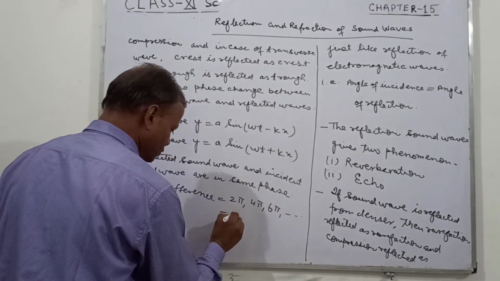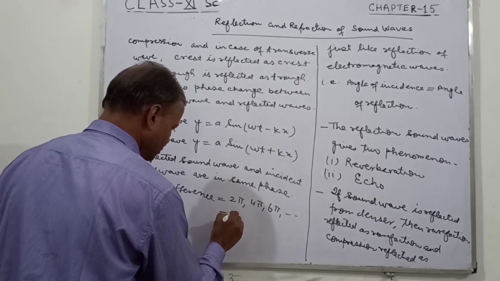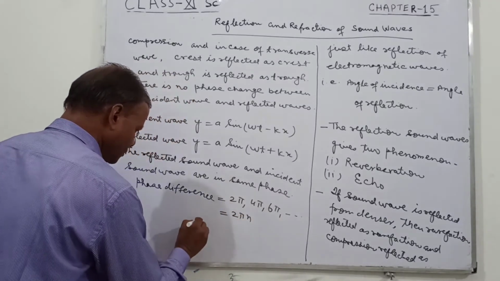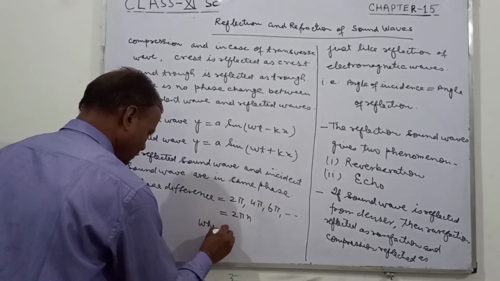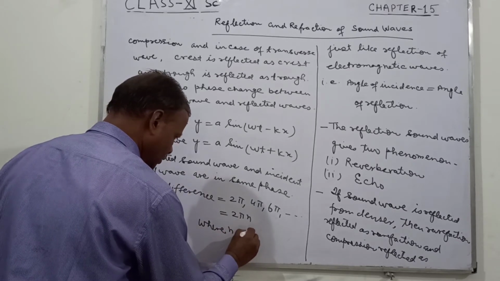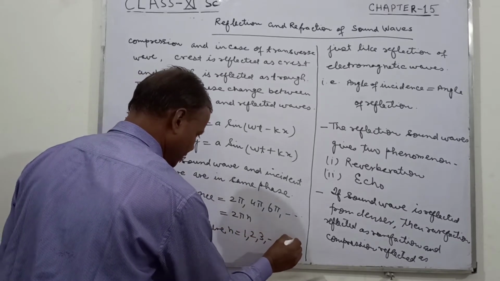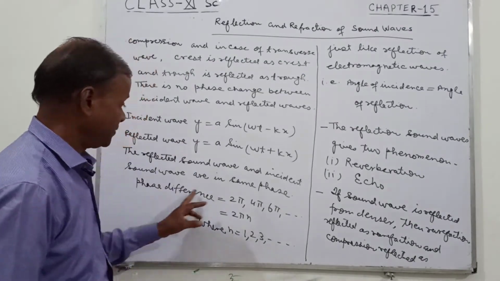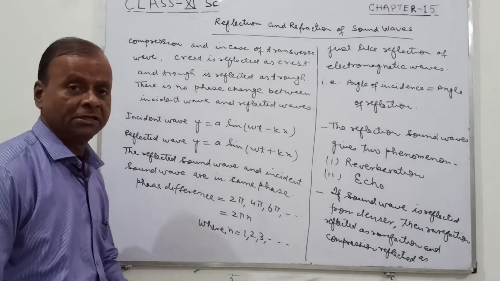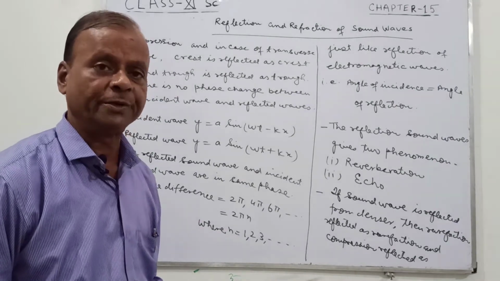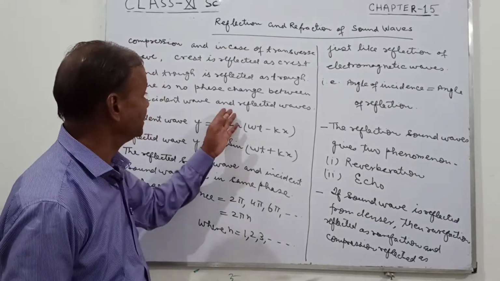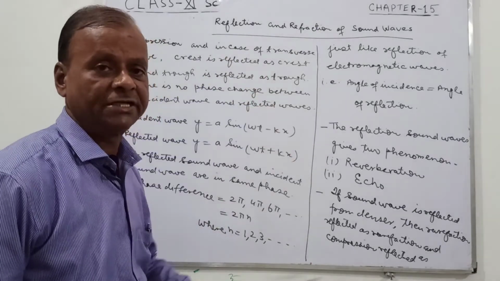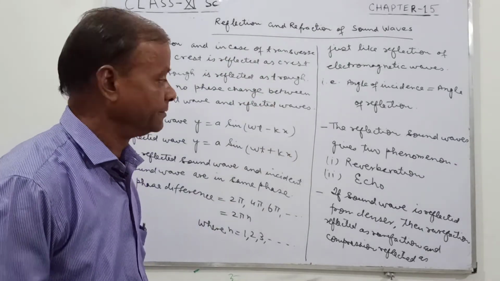So this is equal to 2 pi n, where n equal to 1, 2, 3, 4, 5, the natural numbers. So same phase means that the phase difference is 2 pi, 4 pi, 6 pi. This is also called that there is no phase difference between the incident and the reflected ray.